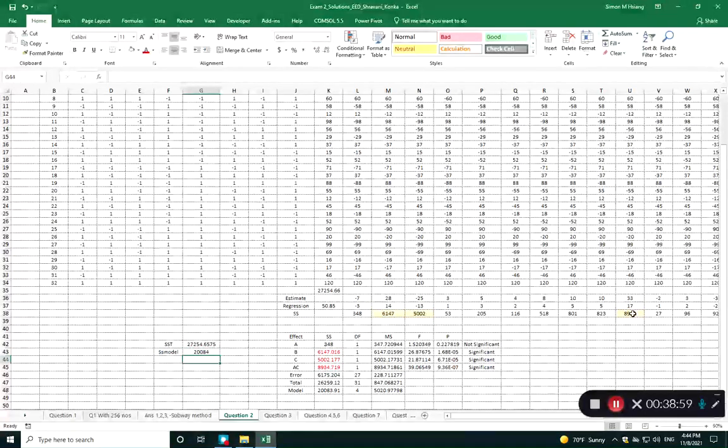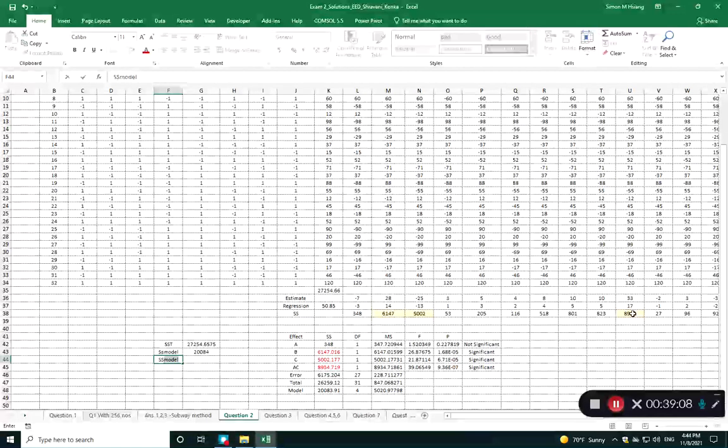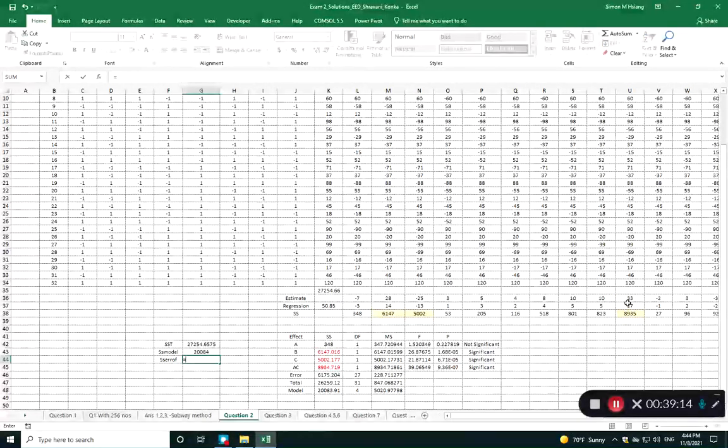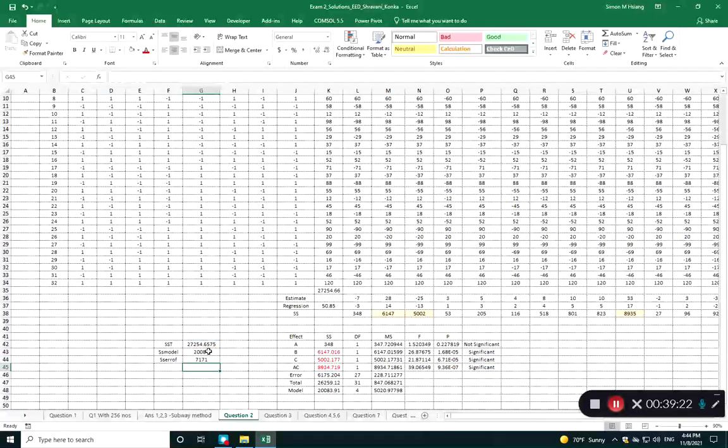Those are the 3 terms I said, hey, I worry about their contrast. So you know what will be your sum of square error? Whatever your total minus those you're going to use for your model, that will be your error term.